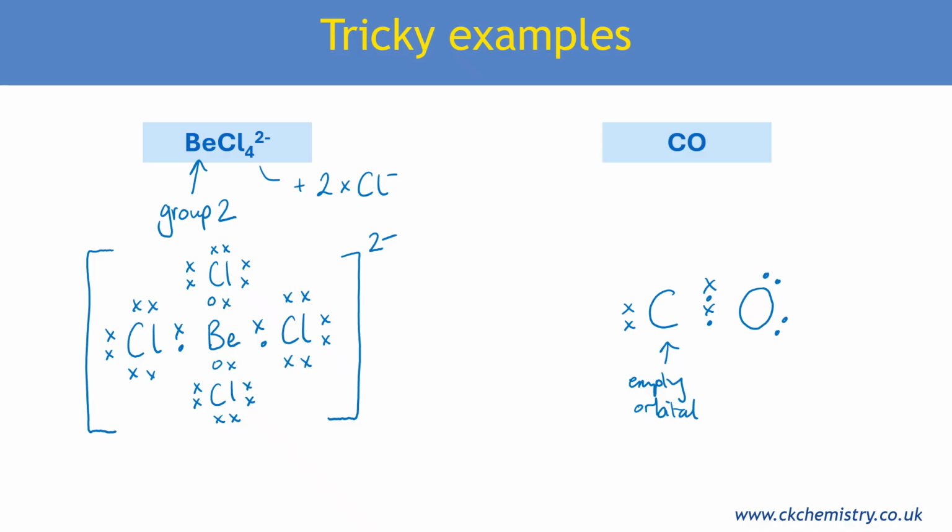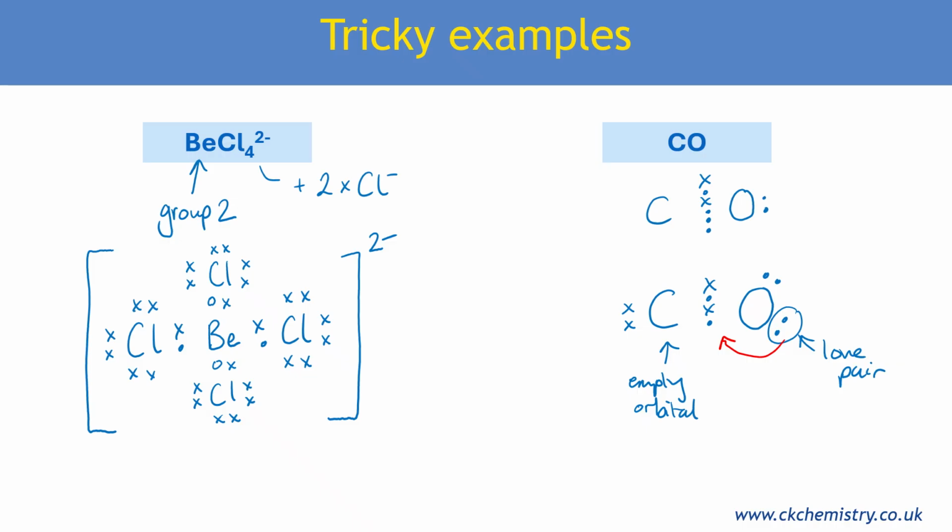And oxygen has lone pairs. So we can just move that into the empty orbital of the carbon atom. We're going to make essentially a triple bond. So I'm going to redraw it, cross, dot, and then 2 dots to show the dative bond.